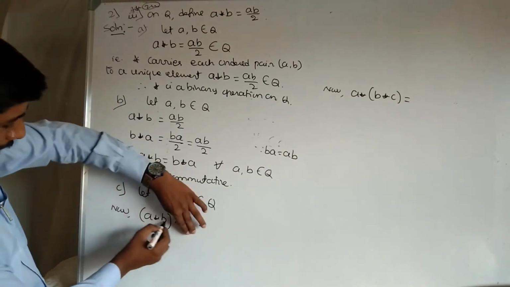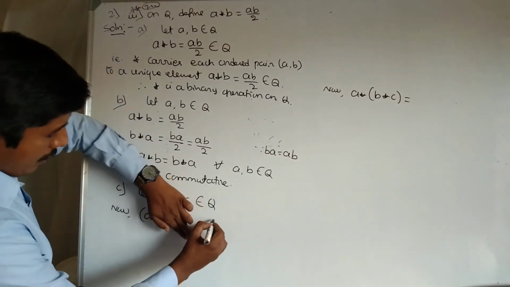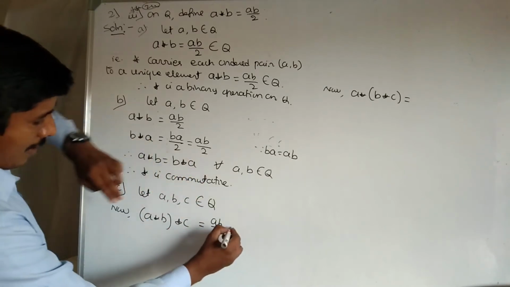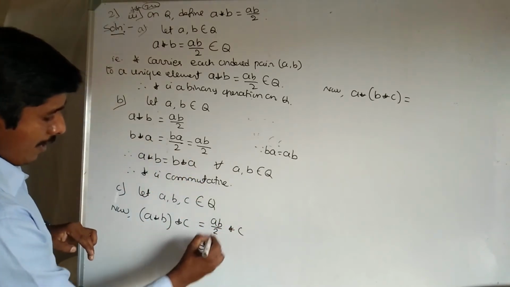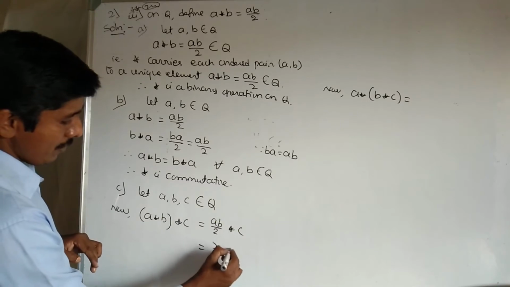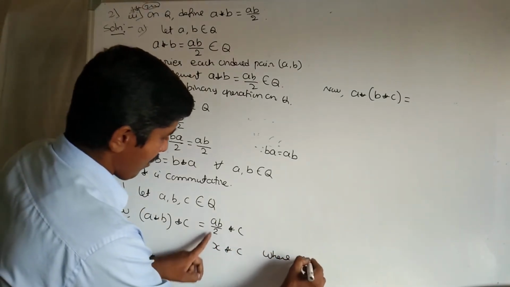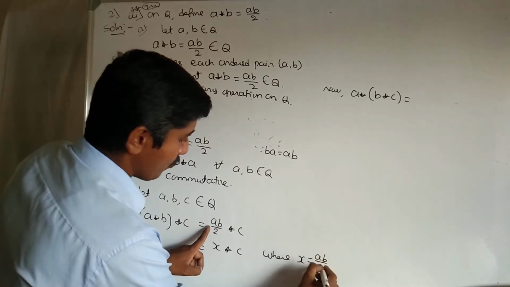Here first within the bracket I am defining A star B as AB by 2. This is star C as it is. Let us take AB by 2 equal to X star C, where X equal to AB by 2.